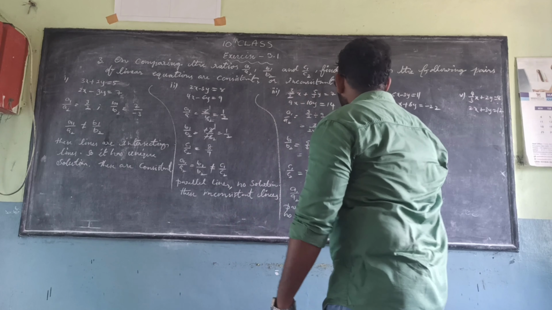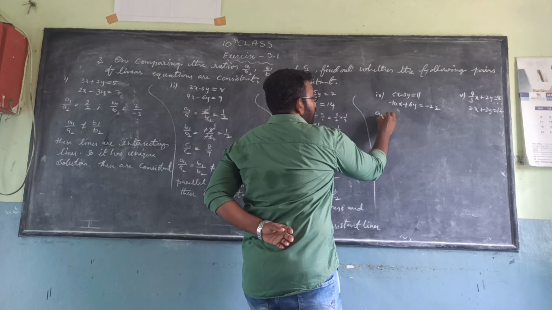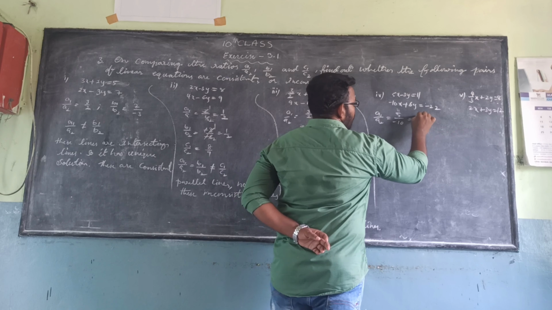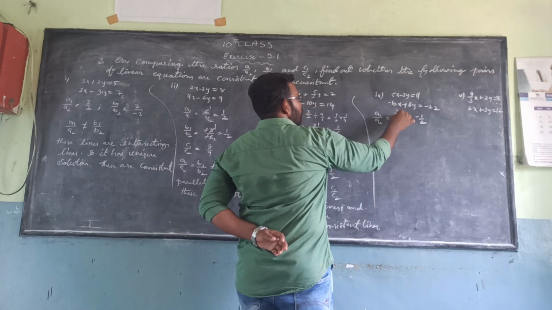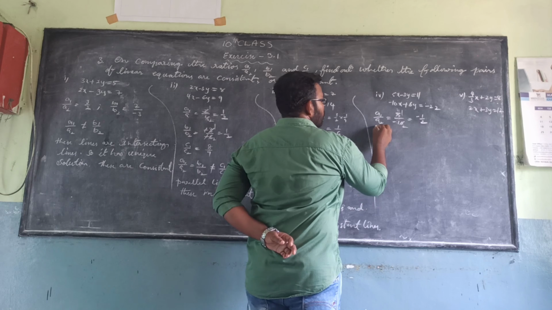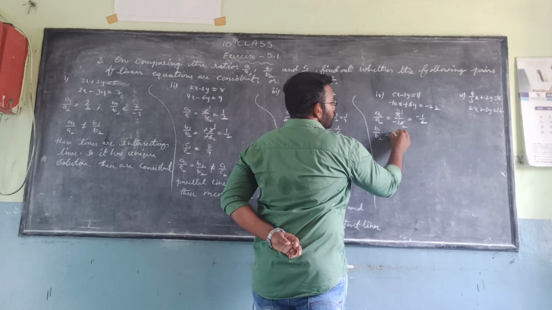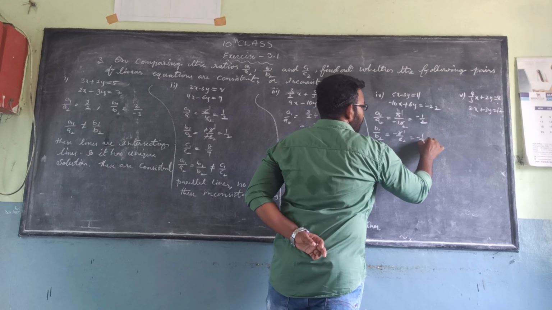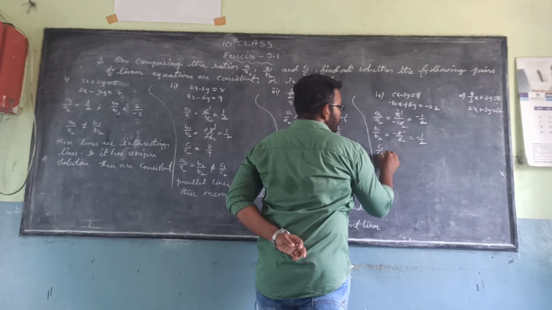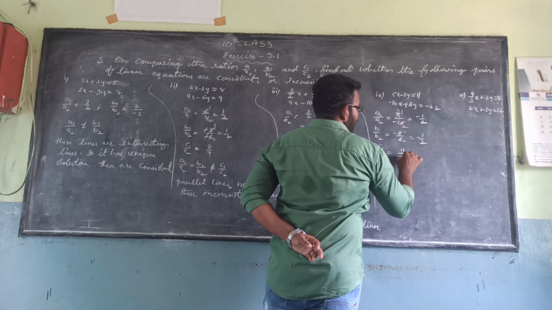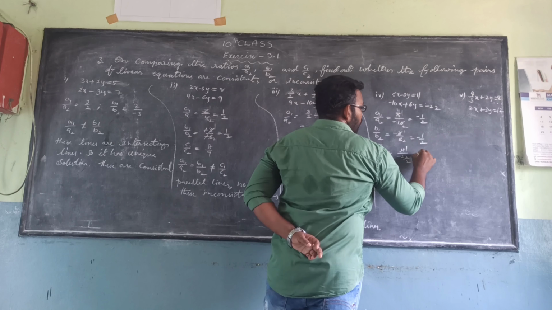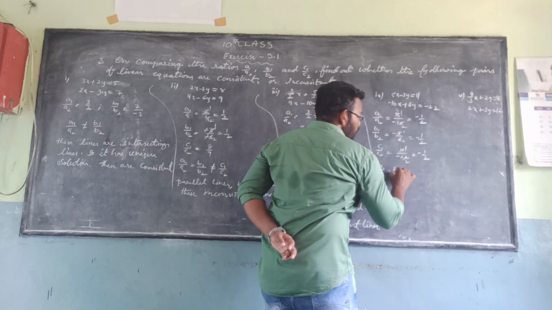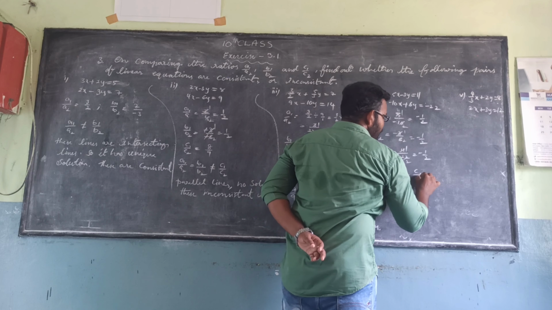So now fourth one. Here a1 by a2 is equal to 5 by minus 10. You get minus 1 by 2. Next, b1 by b2 is equal to minus 3 by 6, that is equal to minus 1 by 2. Now c1 by c2 is equal to 11 by minus 22. Here also you get minus 1 by 2. So if you observe, a1 by a2 is equal to b1 by b2 is equal to c1 by c2.